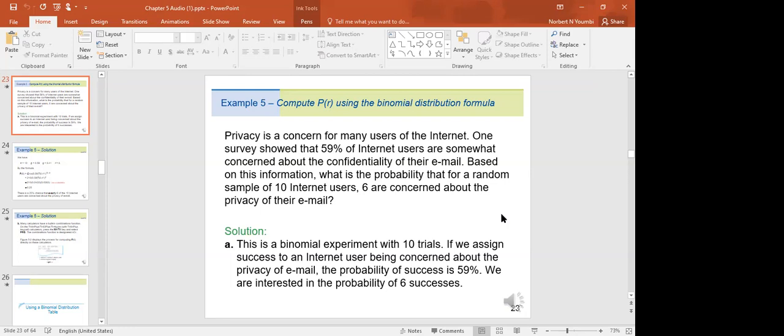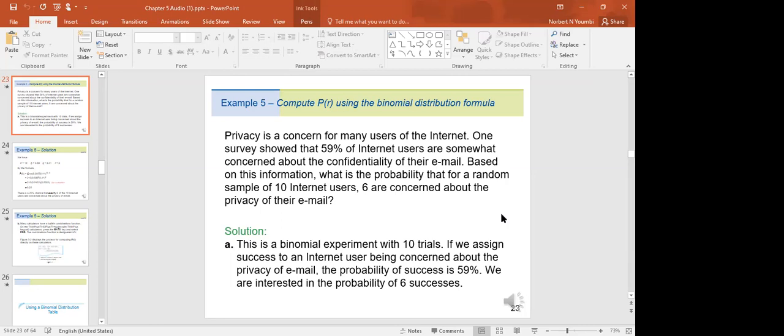when we choose a sample of 10 individuals, we assume that they are independent of each other. So that makes an example of 10 trials. And the success here will be whether they are concerned with the privacy or not. So this is a binomial distribution problem. What will be considered the number of trials?